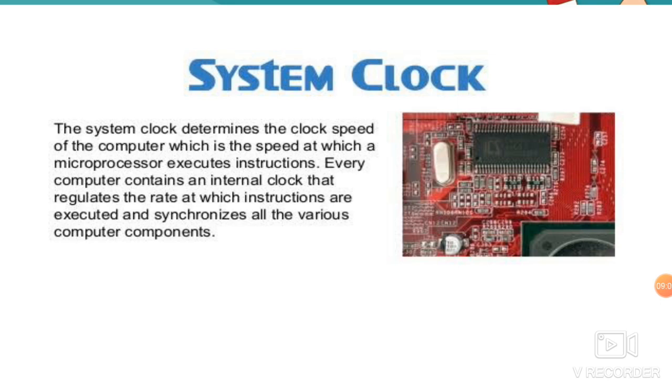Every computer contains an internal clock that regulates the rate at which instructions are executed and synchronizes all the various computer components. So this system clock helps in two ways. It gives you the time in your system, and the second part is it synchronizes the work of the system. It determines the speed at which the processor is performing the instructions.